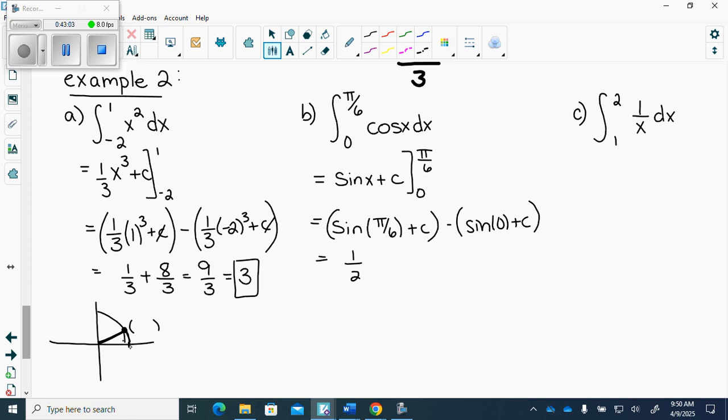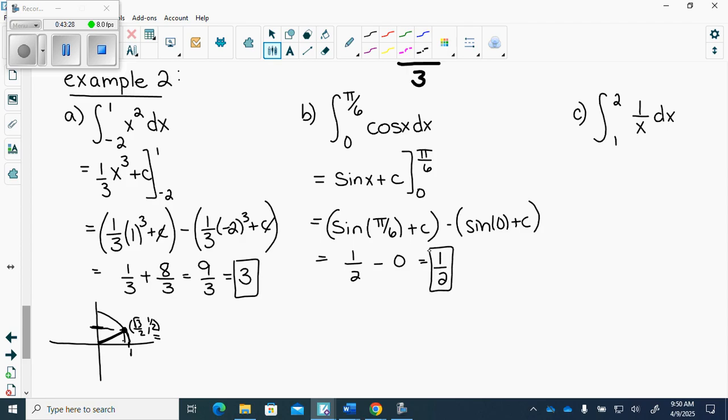Because it's really close to 1. Remember, this is a 1. This is 0.866 approximately. So my x would be root 3 over 2. And then my y would be approximately what? A half, correct? And sine is y. So you can visualize them too if you just draw that quarter section. Okay. So it's a half minus 0. The c's cancel, so my answer is a half.